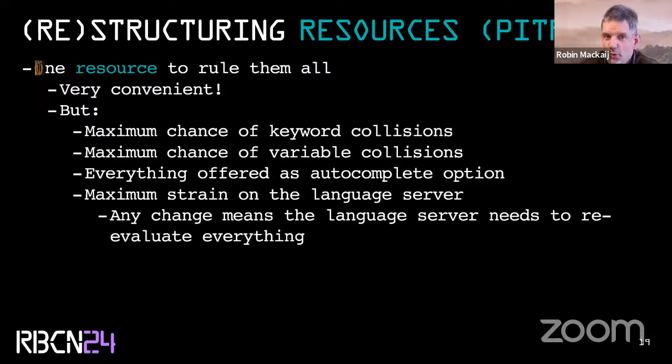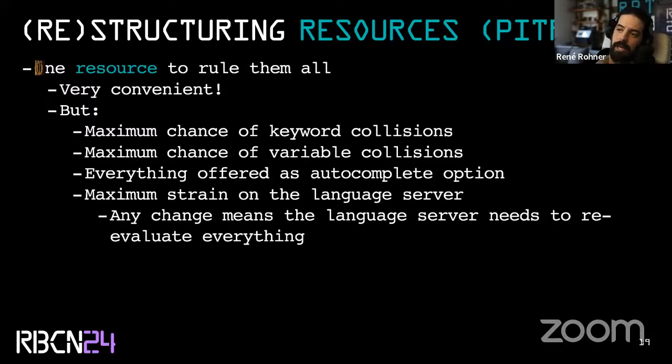maximum chances to have keyword collisions if you have the same named keyword in multiple resources or available from libraries. Robot Framework won't like that because, well, which one should it be using? But you will directly see that. That's also a good thing. If in 90% of your cases you only import A or B, and in that 1% you import A and B, then you get the conflict.